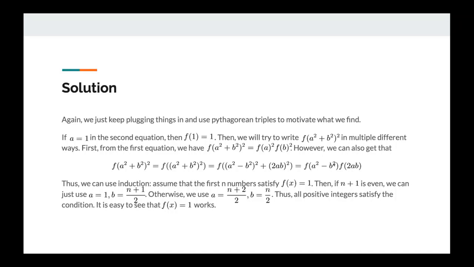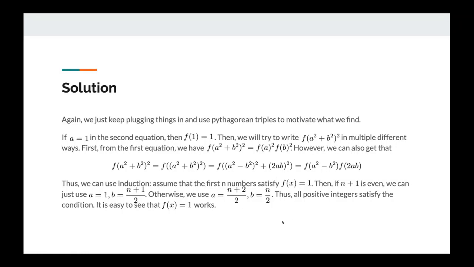And when we plug that in, we get that the left-hand side, or f of a squared times f of b squared, is clearly 1, since both of those numbers are less than n. And we also get that we don't care about a squared minus b squared, even though we know it's 1, but what we do care about is 2ab, and 2ab equals n plus 1, and since f of 2ab equals 1, f of n plus 1 is also equal to 1.